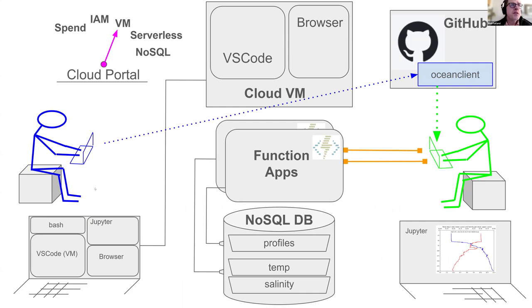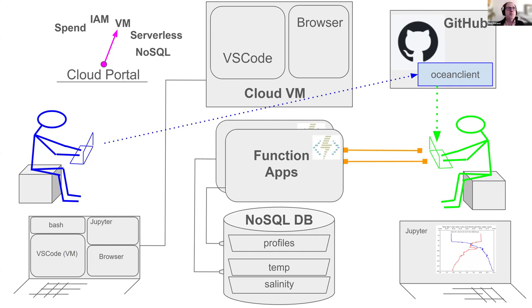The person in blue represents the researcher slash infrastructure builder, and that person has their laptop, indicated below them, which is running some applications like VS Code and maybe a Jupyter notebook, and they've got a web browser, and they've got a Linux bash shell up and running, and they're able to do everything they need to do from their laptop. The first thing that they'll do is set up an Azure account, since we're using the Azure cloud today.